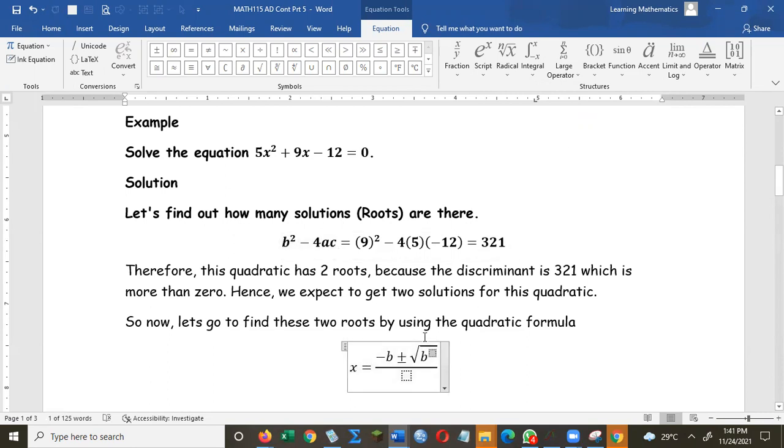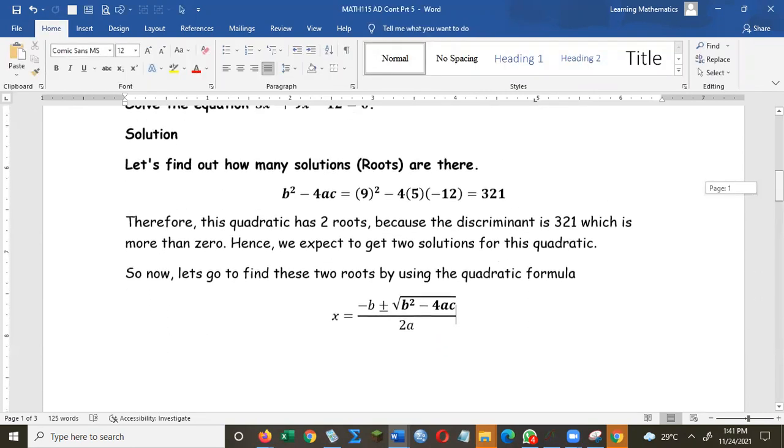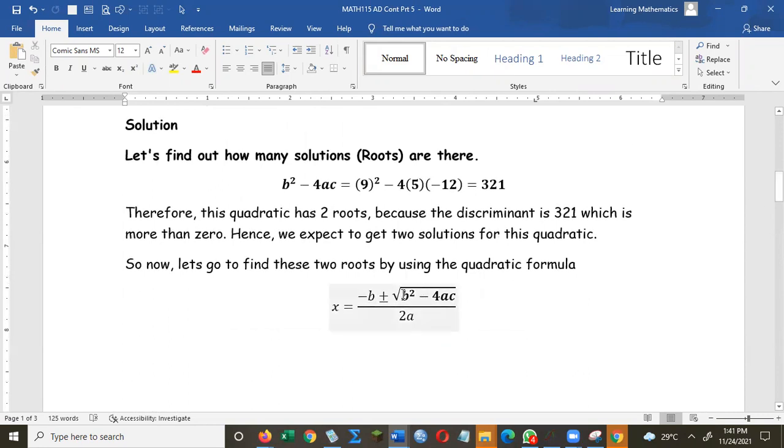Then over 2a. So this is the famous quadratic formula to find the roots themselves, and within the square root sign you have the discriminant to determine how many roots the quadratic has.